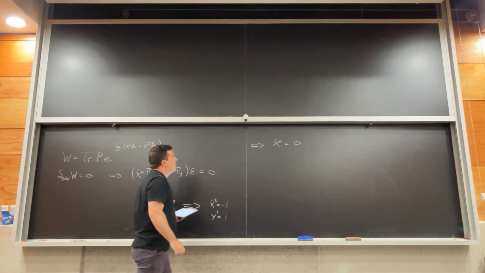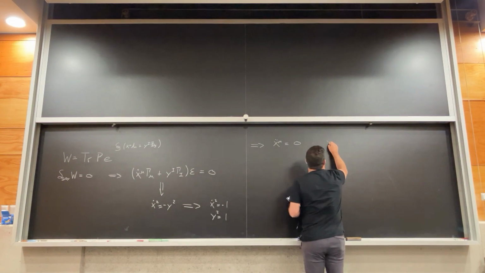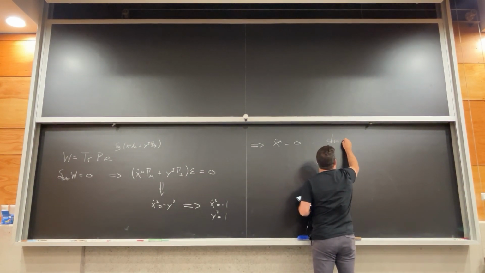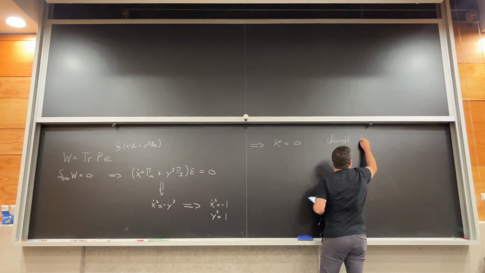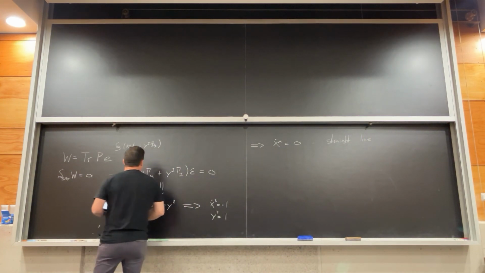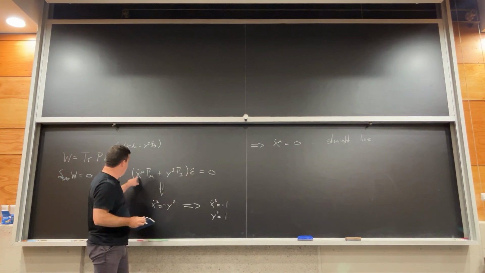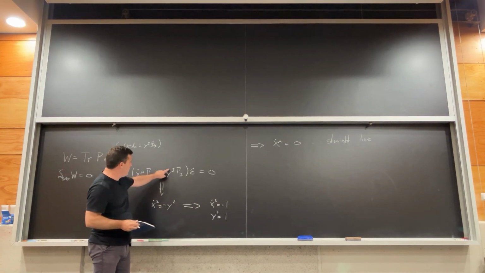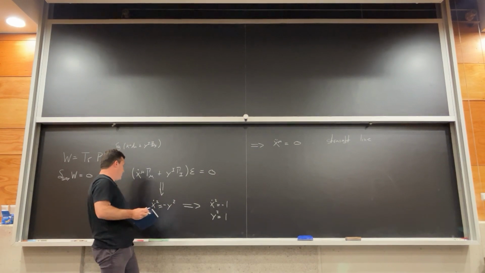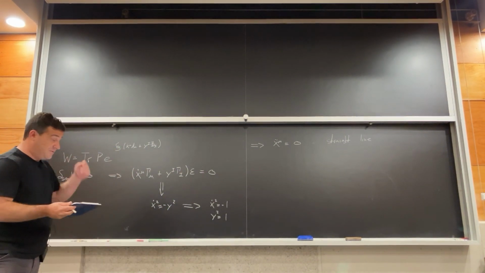So this is really a straight line. And this just comes from taking the derivative here. You get an x double dot here, you get y dot, and then y dot you can get from this condition. So basically, it tells you that x double dot is 0.